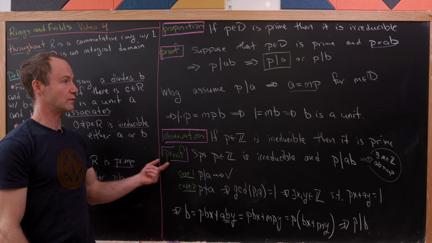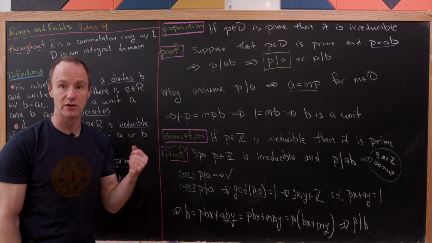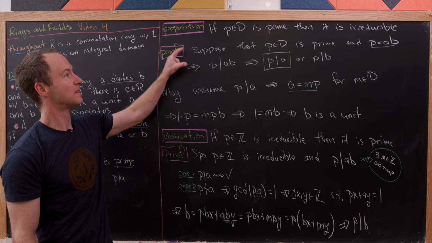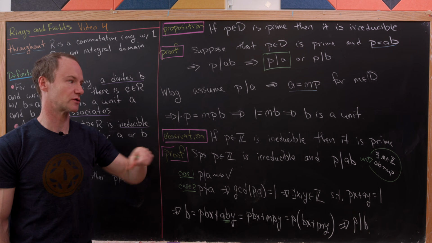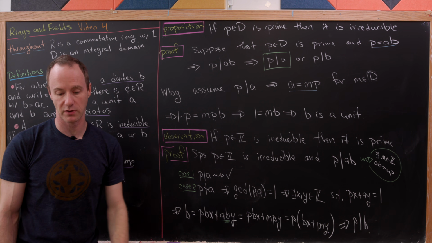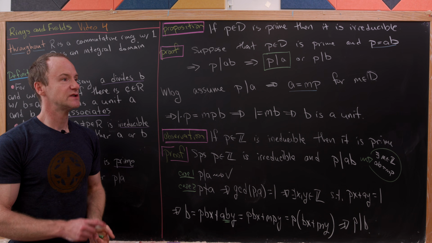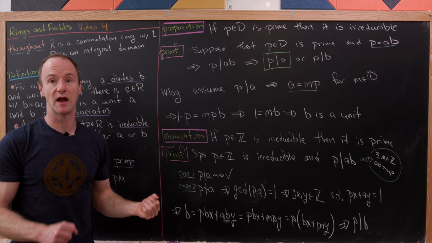And there we have it. We have proven that inside of the integers, primes and irreducibles are the same. Up here, we showed prime implies irreducible in any integral domain, and here in the integers, we proved that irreducible implies prime. Okay, so now let's look at some places where irreducibles and primes are not the same.